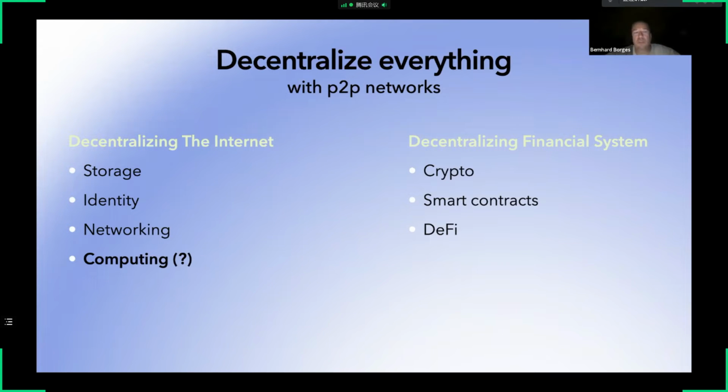However, we want to not just deal with financial systems with this vertical. We actually want to decentralize a lot more layers of the internet. If you look at storage, for example, Protocol Labs with IPFS and Filecoin has done a great job introducing content addressability, really opening up how you manage data, how you look at data, how you address data, how you access data, and how you package data into much more complex models with IPLD, for example.